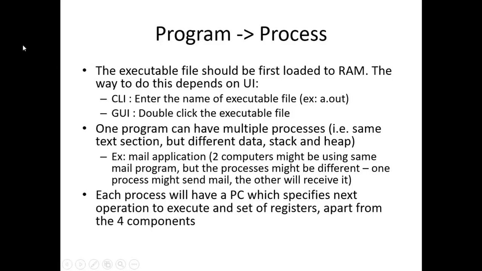For example, one computer might send a mail, and the other computer which has the same mail program would receive this mail. So it has the same text section, but the other sections might be different. And also every process, as already discussed, has its own program counter which specifies the next instruction which needs to be executed.